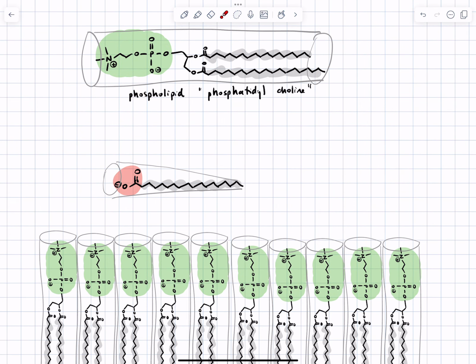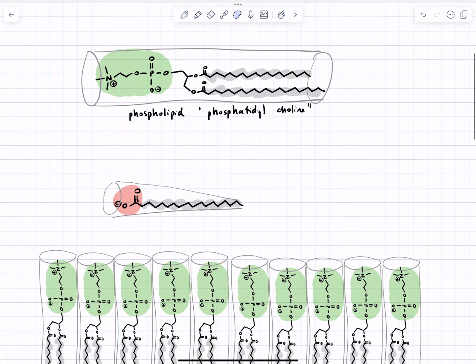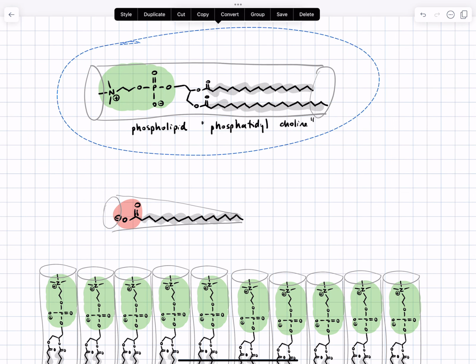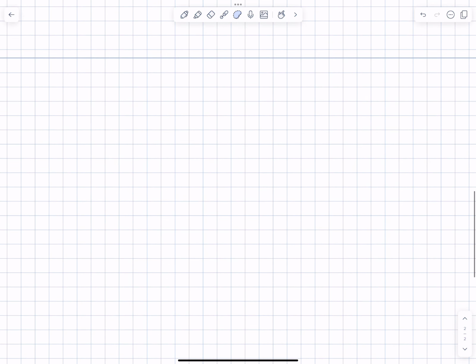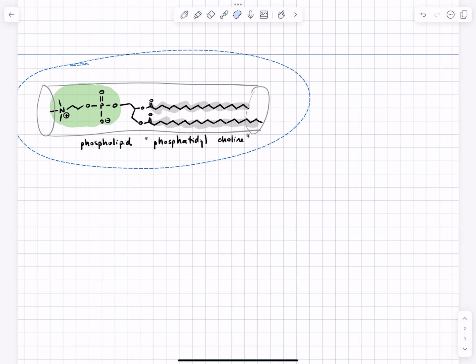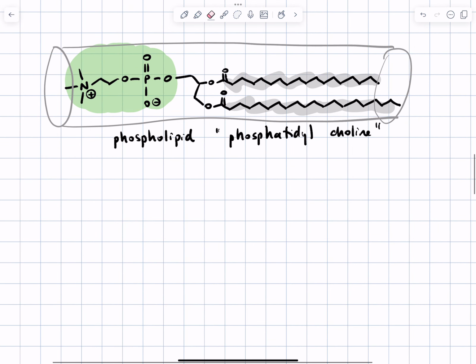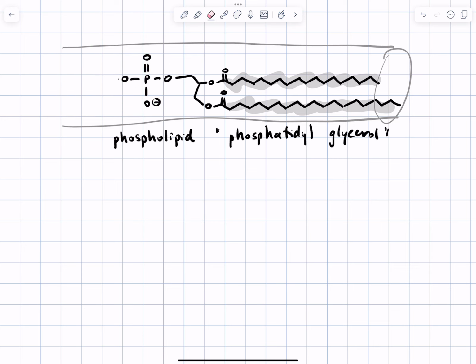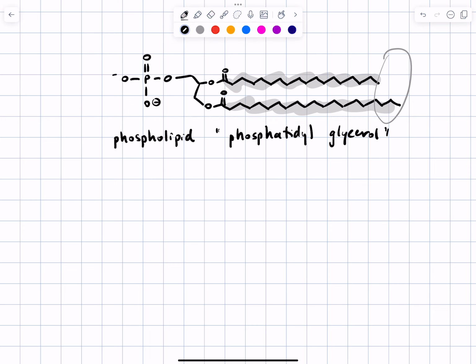So for bacterial membranes, the structure of the phospholipid is basically the same, except in the composition of that polar head group. So for bacteria, it's just called phosphatidylglycerol, and they lack the choline portion, such that you just have the phosphate group, 2 negative charges.